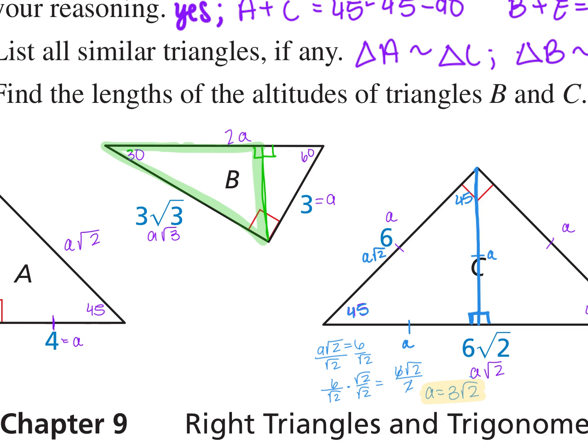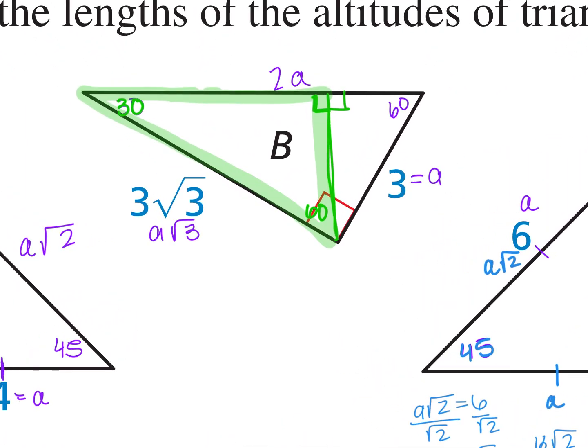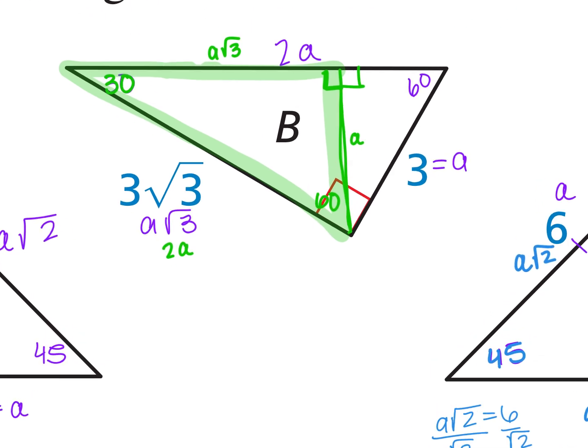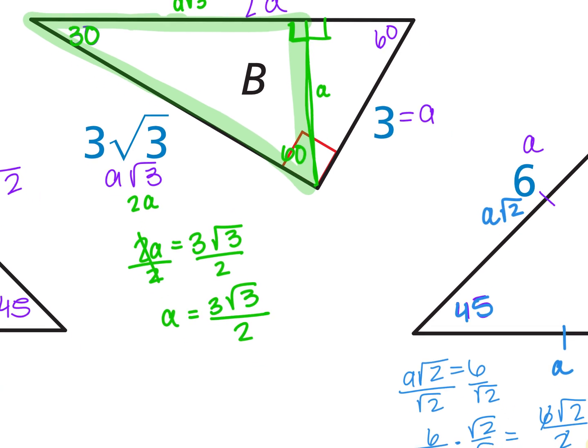So I have my 30, I have my 60, and my 90. So this is going to change to my 2A because it's opposite my hypotenuse. This is going to be my A, and this is going to be my A radical 3. So first thing is I have to solve for A. That's all I have to do. So I'm going to have 2A equals 3 times the square root of 3. Divide both sides by 2. And again, I'm solving for A. A equals 3 times the square root of 3 over 2, and I'm done.